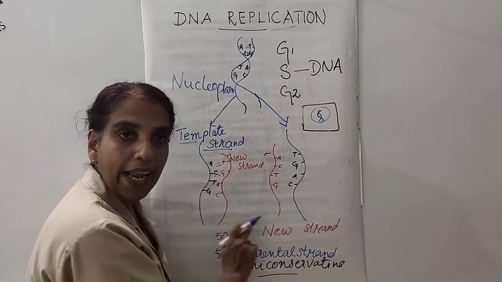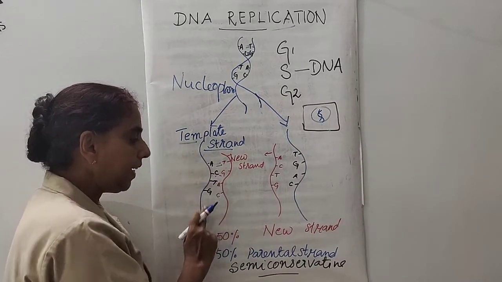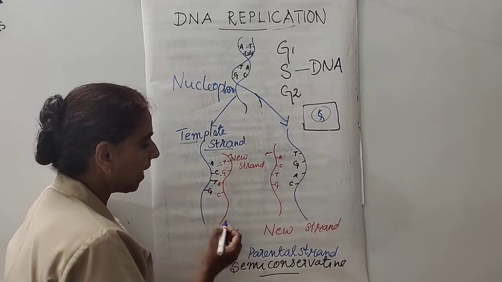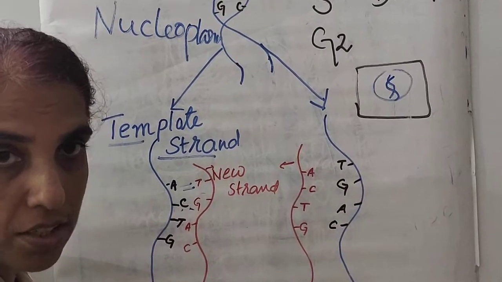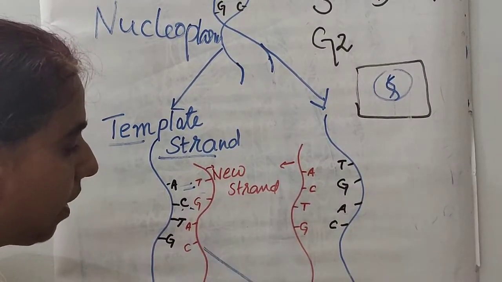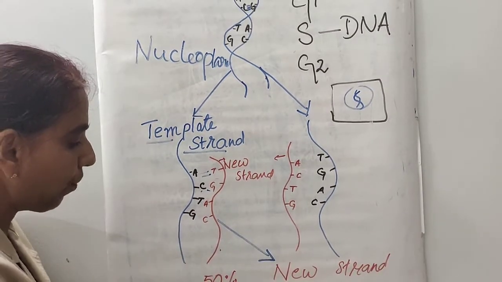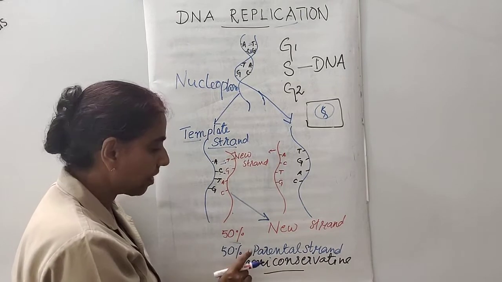Now, when you analyze these daughter DNAs, you can see that in a single daughter DNA, 50% is a new polynucleotide strand, represented by this arrow, and the other 50% is the parental strand.